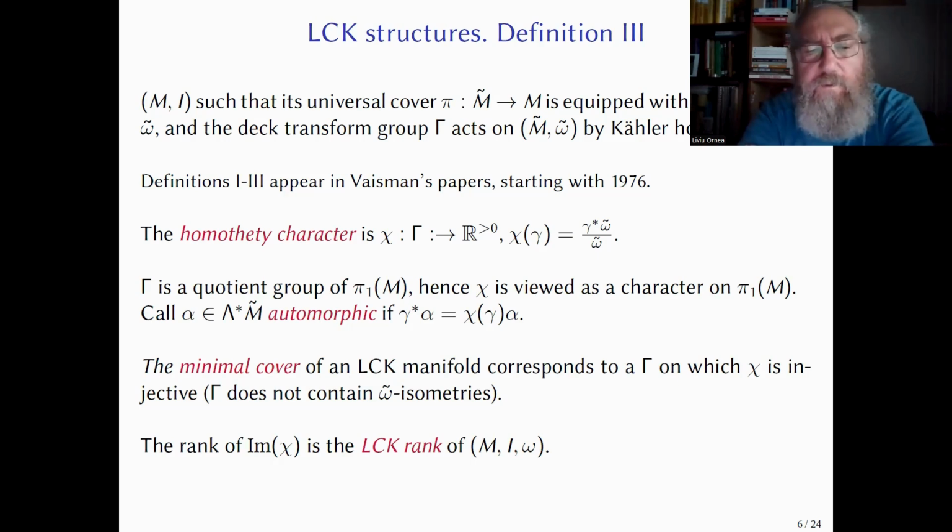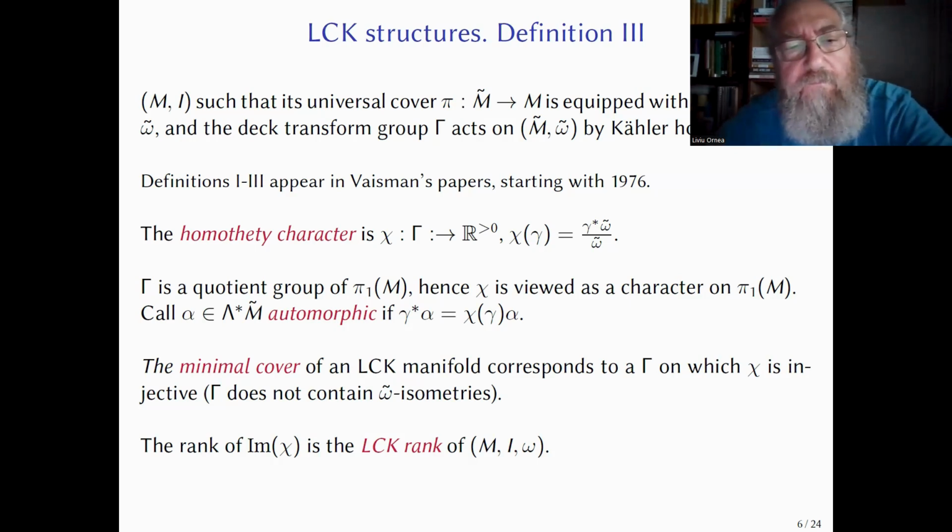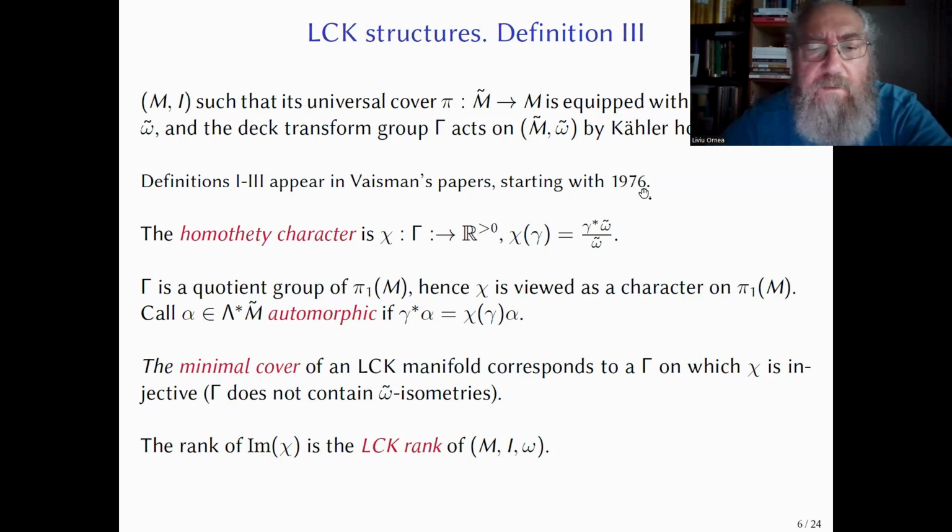Another important invariant is the rank of the character, that is, the rank of the image subgroup of chi in R plus. We call it the LCK rank. Of course, when the LCK rank is 1, then you have an action of the integer group, which is very, very useful.